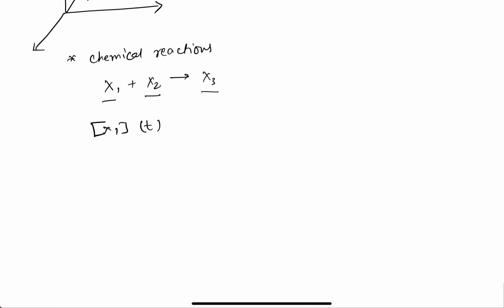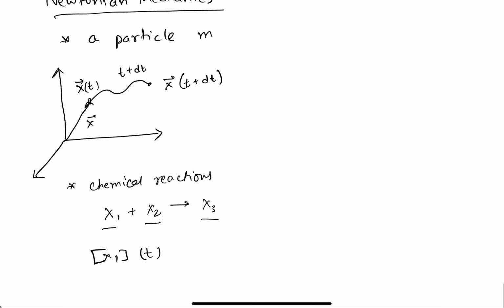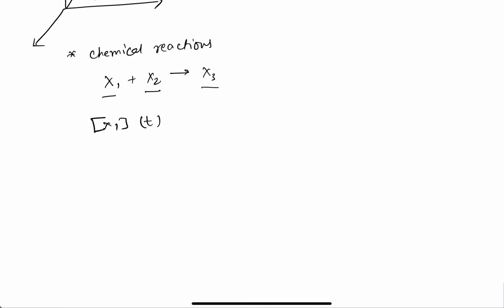In order to do that, we need to first define a few quantities. In this picture, I showed you the position of a particle. It was determined by this vector x. In order to determine a system, we need to have the initial point of the system.